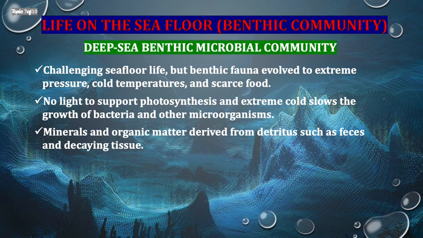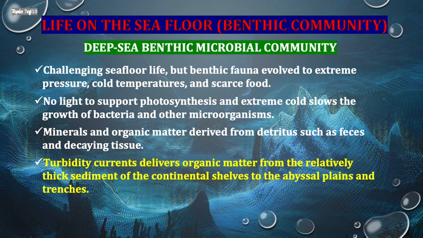So mostly, the microbial community in the benthic deep sea environment is sustained by the rich chemicals or minerals in organic matter that comes from the detritus. For example, animal feces and the decaying tissue or dead bodies of large animals like whales, especially those near the surface of the water.